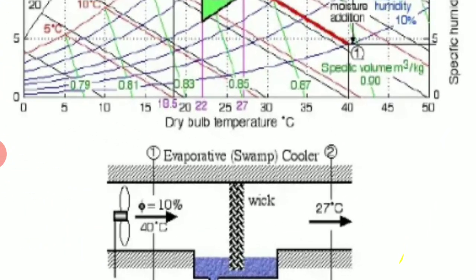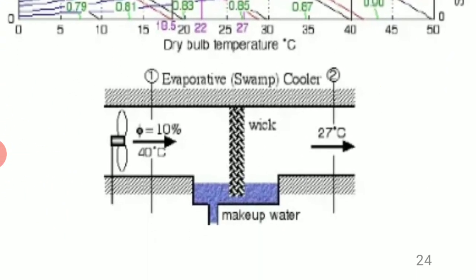So if you see the figure, this is an evaporative cooler. A fan will be there. My conditions are 10% and 40 degrees Celsius, and it is passed through a wick. Wick means it is a membrane or a mesh, where the wick will absorb the water. Water will be stocked in that wick.